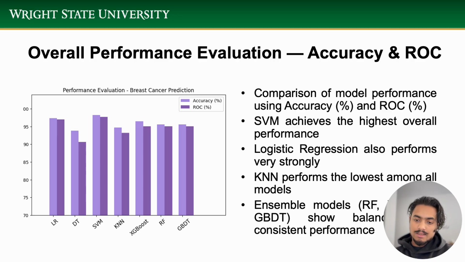Ensemble methods such as random forest, XGBoost, and gradient boosting give consistently good performance across both metrics. KNN is the weakest model in our comparison, which aligns with its higher false negative rate. The overall comparison confirms that margin-based algorithms like SVM work exceptionally well for this dataset.